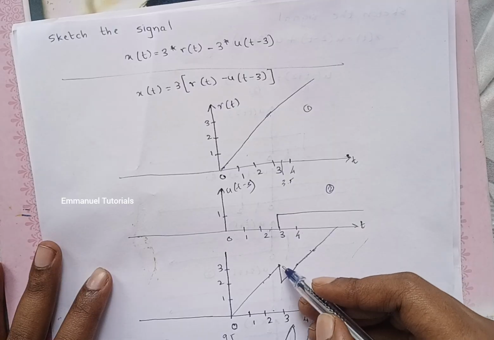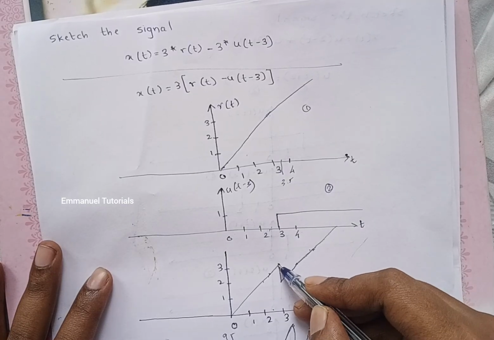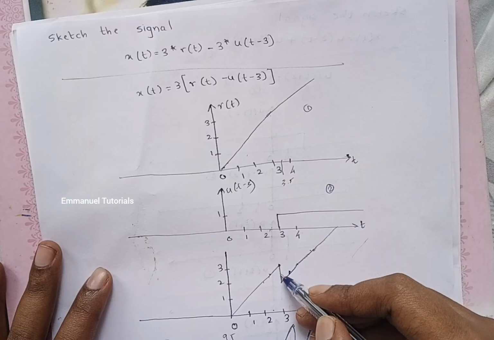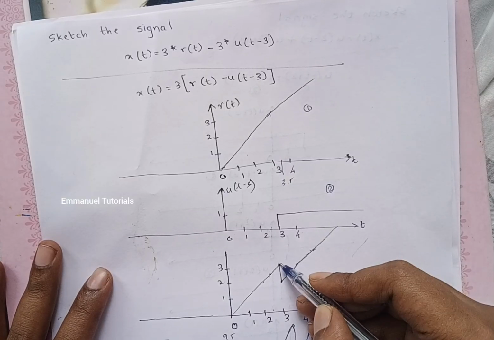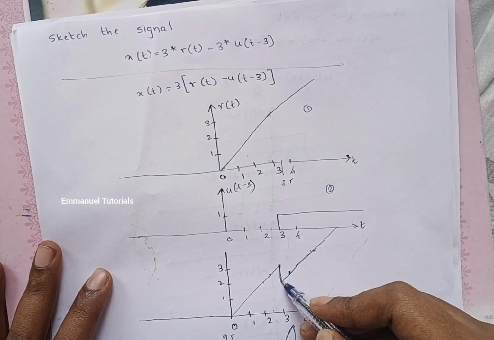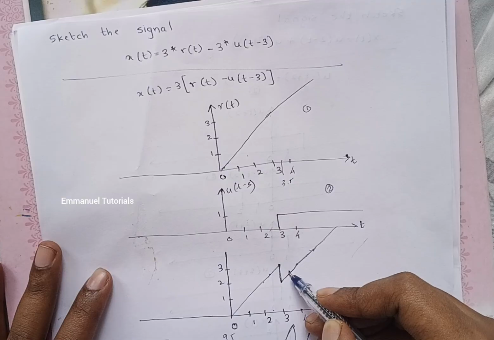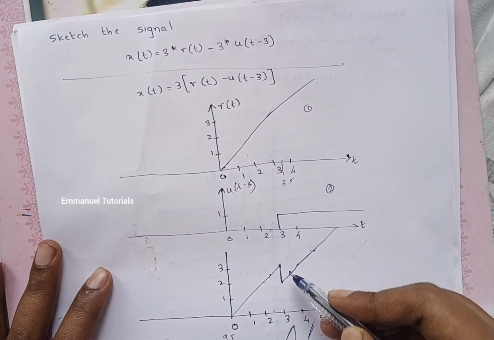So if you plot the signal here directly to 2, this is a decrease, and then it's going again to 2.5. So you have to maintain the shape of the signal here.